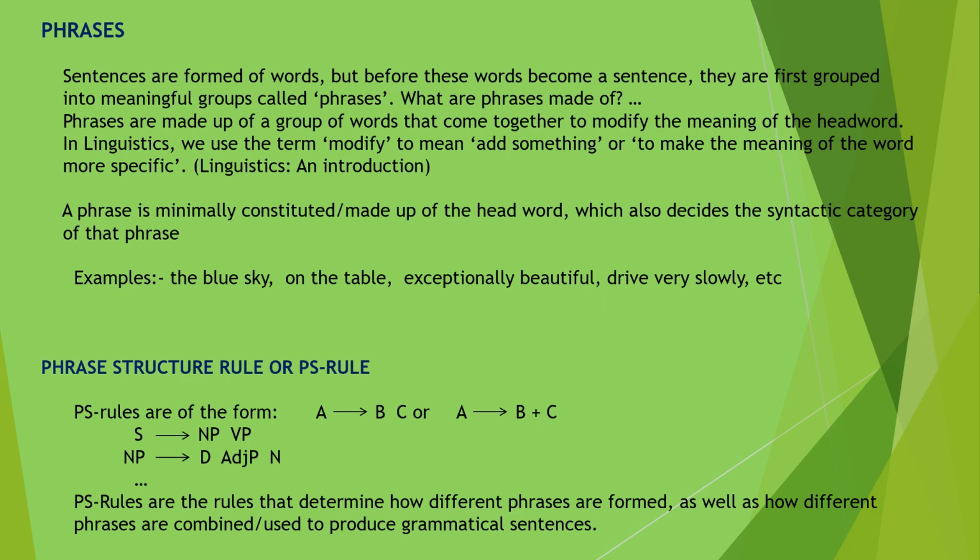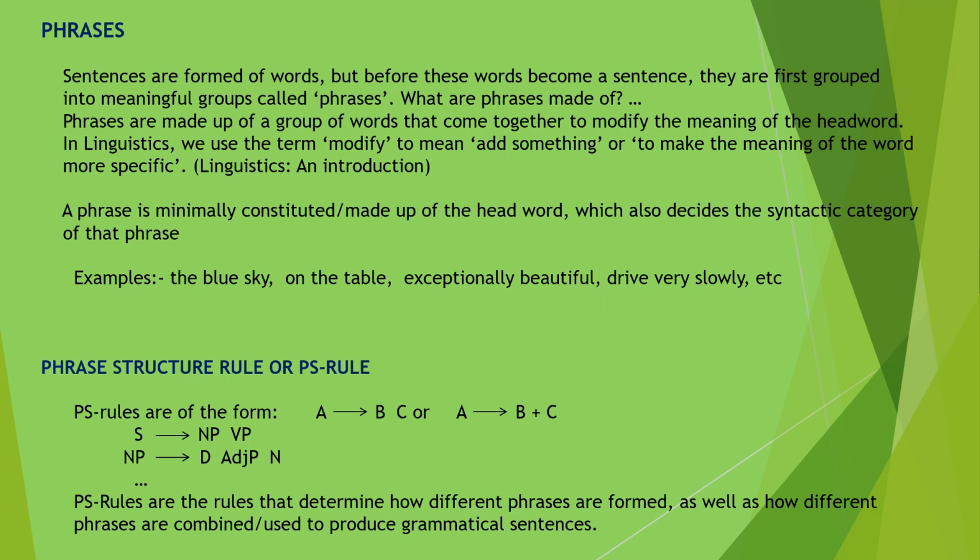So phrases are made up of a group of words that come together to modify the meaning of a head word. Now, we have come across these words head word and modifier in the previous video lecture. In that, I have explained it.